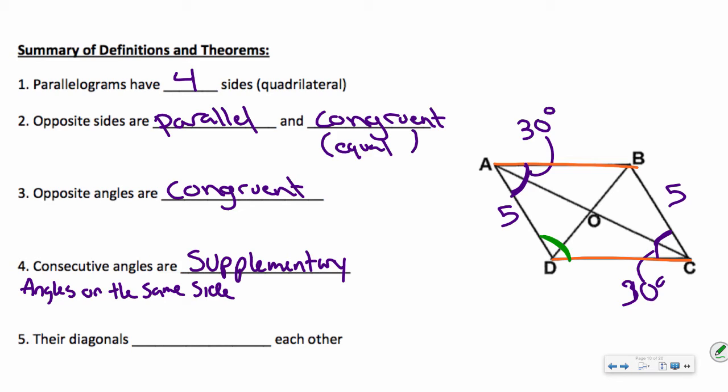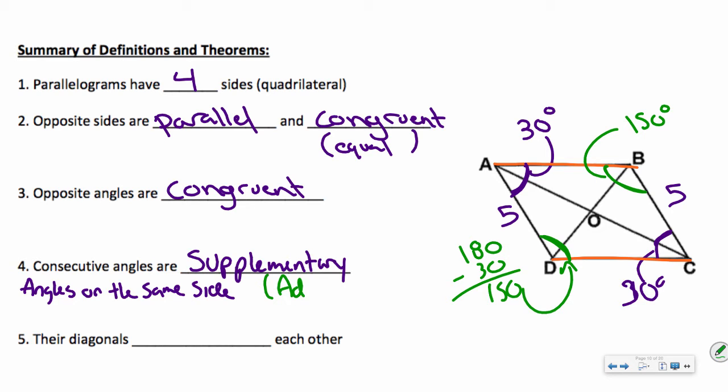So, to find this angle, I would do 180 minus 30, and I would get 150. That is what that angle would be, and ABC here would be also 150. So, by supplementary means add up to 180.